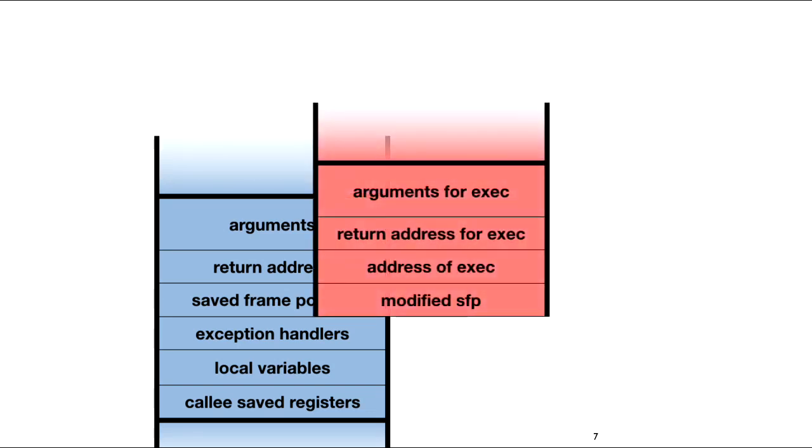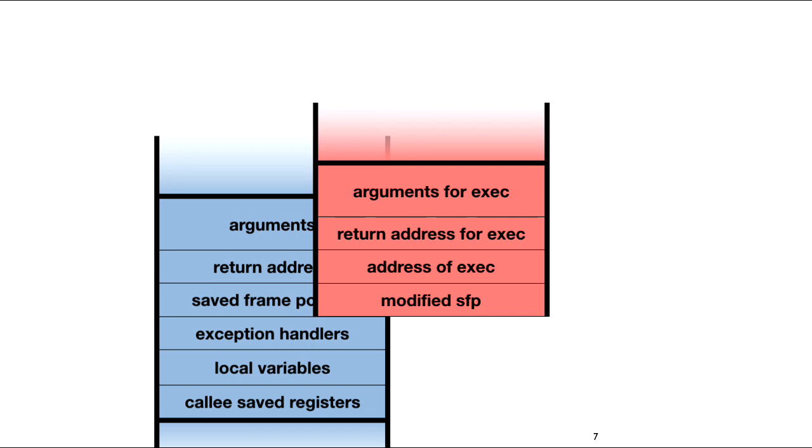They can do an overwrite like this, and overwrite the original stuff with this red stuff. In particular, we're going to overwrite the return address of the current function, and the stuff above that. And above that, we're going to put a fake stack frame.